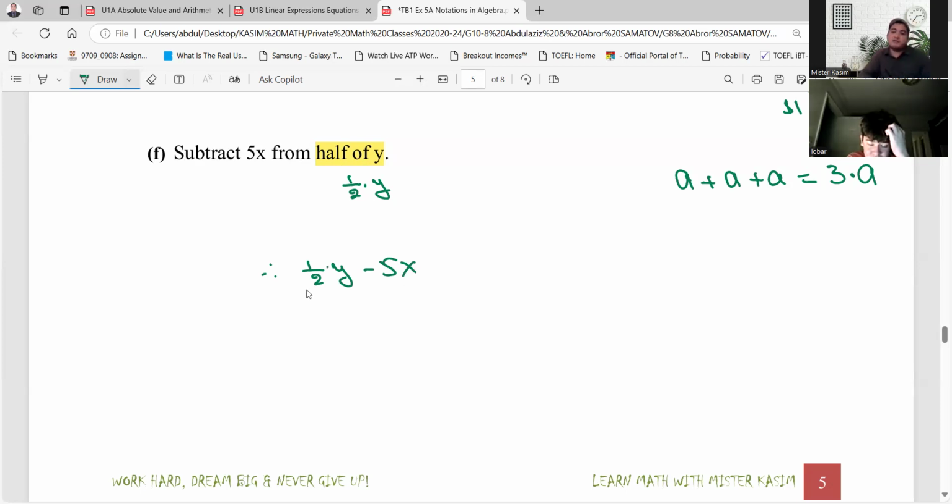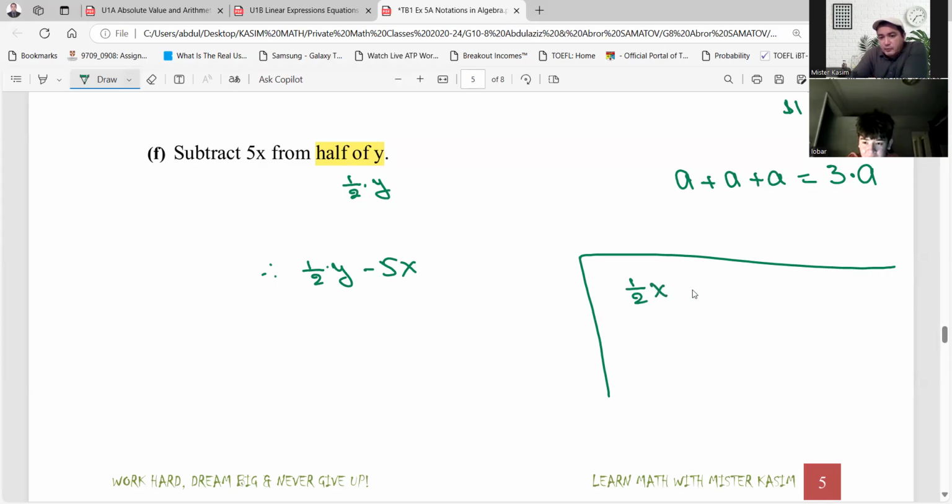So 1 over 2y means half of y. And Abror, just keep in mind what we said at the beginning: this is called manipulation of algebraic expressions, like 1 over 2x or x over 2 or x times 1 over 2, they're all the same things. Again, here we have a over b or a times 1 over b or 1 over b times a. They're all equivalent expressions.